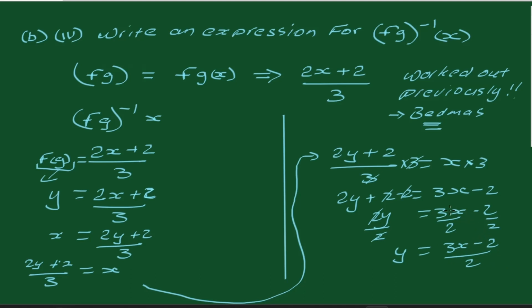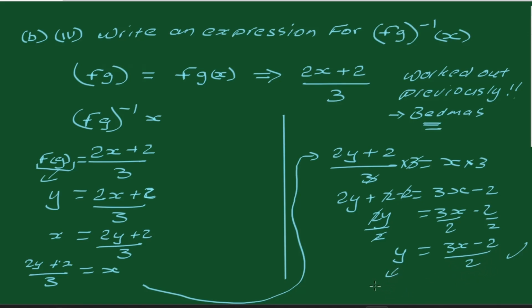Now when we have a fraction with a common denominator, we could express the numerator over a common denominator of 2, as in this case here. Now this is our inverse. So going back to the question, the inverse of this function f of g, remember it's a composite function, is 3x minus 2 all over 2.